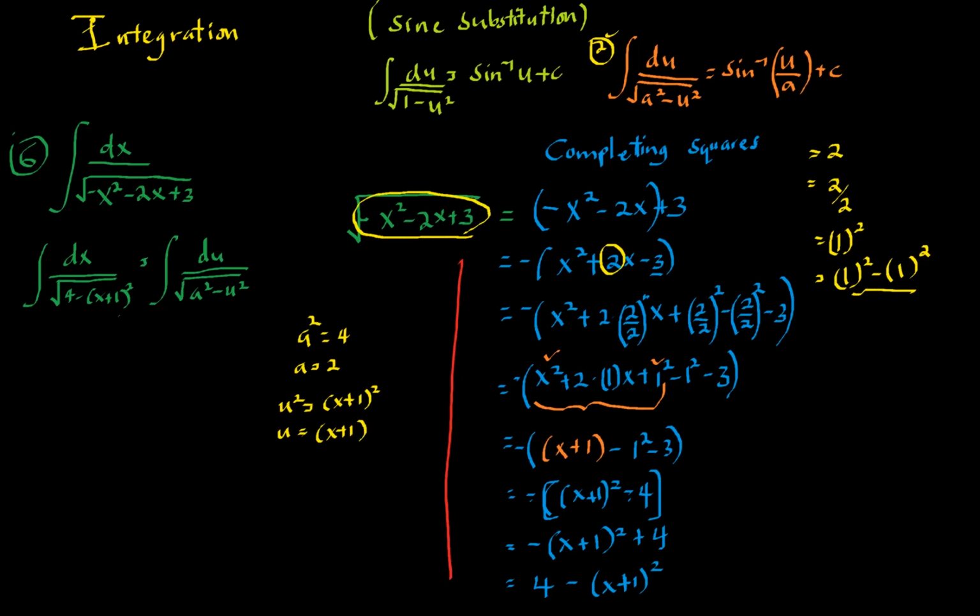And my du will equal dx. So coming back here, that means my sine inverse of u will be x plus 1 out of a, which is 2, plus a constant c.